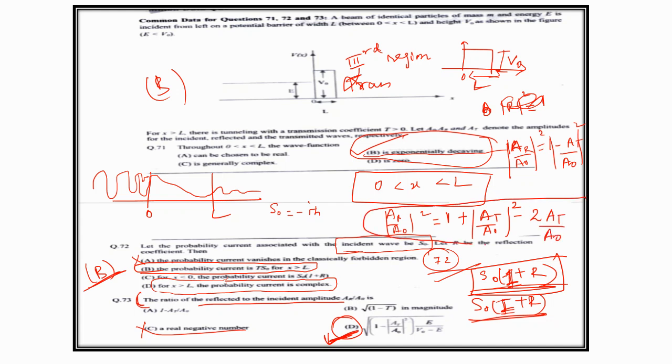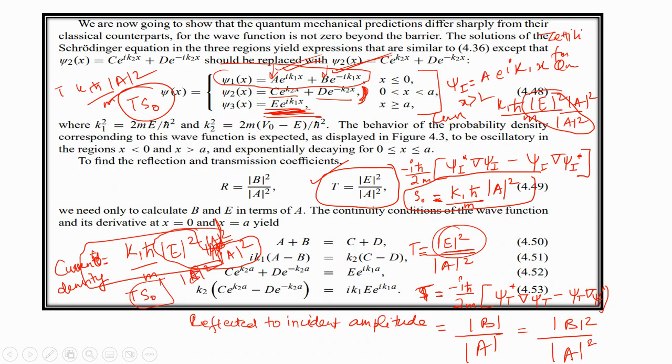Okay, this will come. Then if you can see here, you can put the values of AR by A naught. AR by A naught is this, B by A, here the terminology is different. So AR is B, A naught is A, and AT is this E.